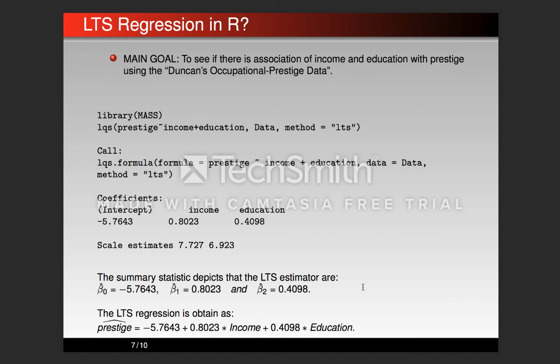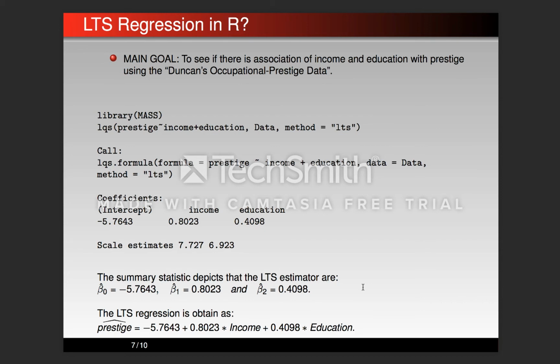So now, how to compute least square regression in R? For example, in this case, I have taken the data from Duncan's occupational prestige data, and we want to see if there is any association of income and education with the prestige.